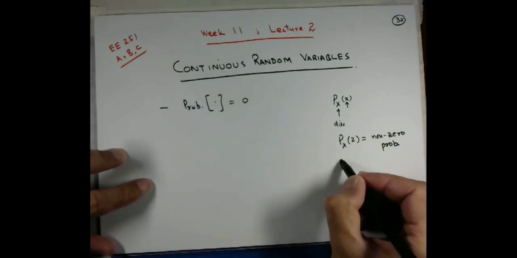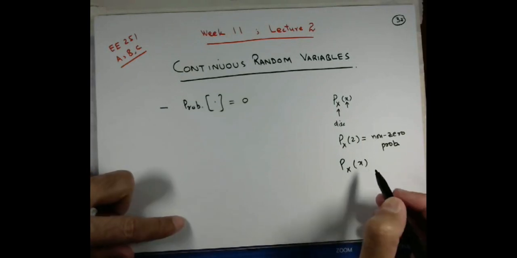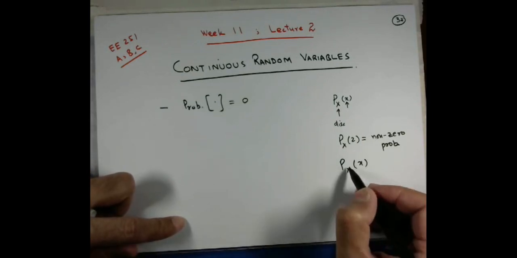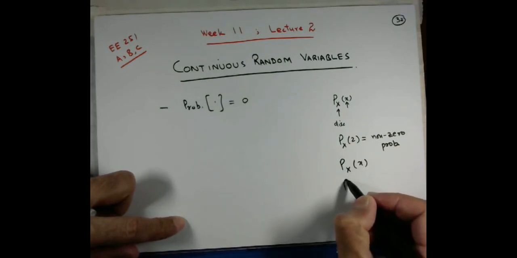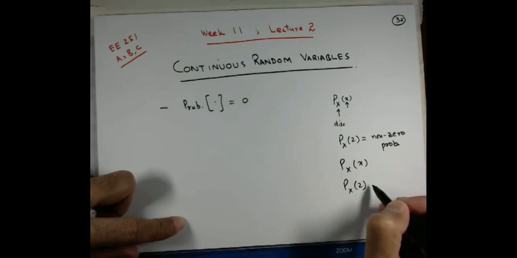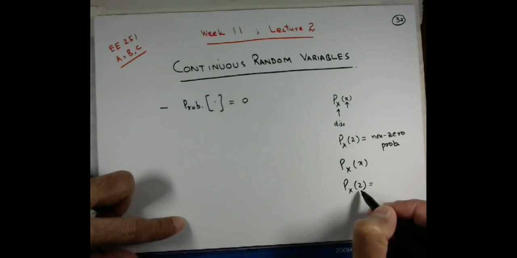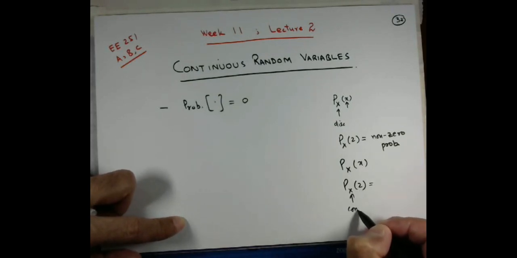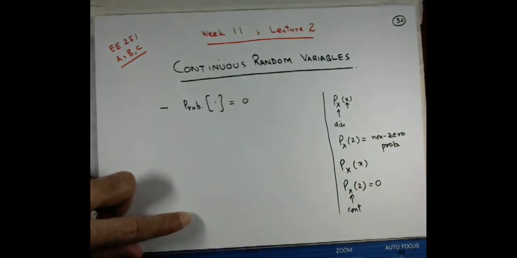But if x is a continuous random variable, and we ask what is p sub x of 2, the probability that this continuous random variable assumes exactly the value 2, then this probability will be 0.